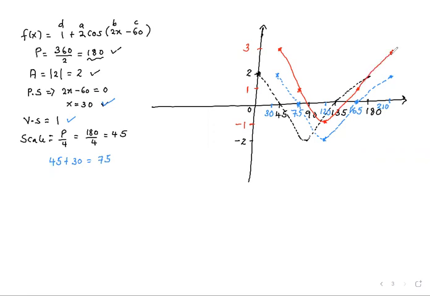So this is the final graph, the graph of f of x is equal to 1 plus 2 cos 2x minus 60. So if you don't like the issue of angles, you can as well go with this one.